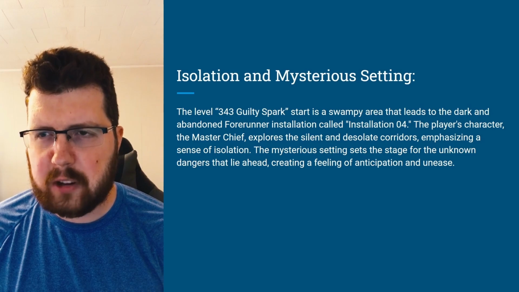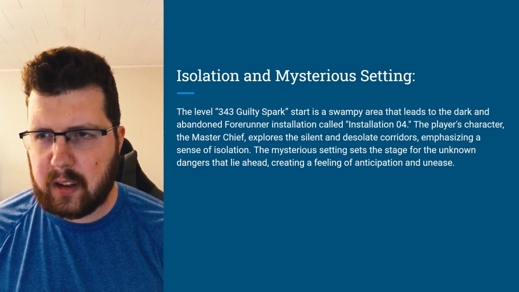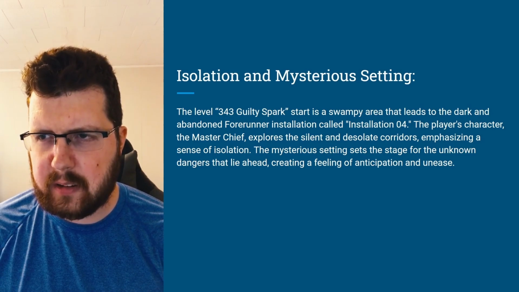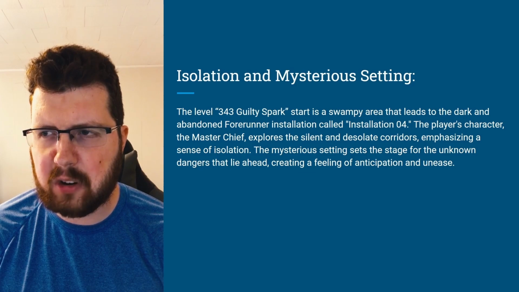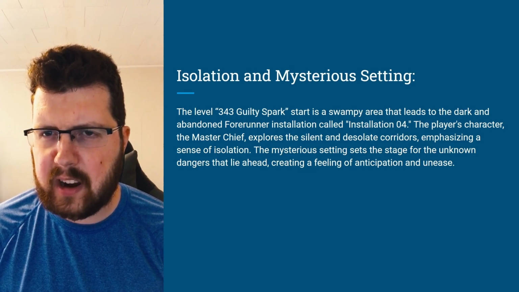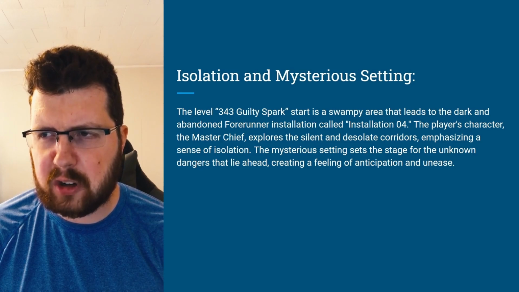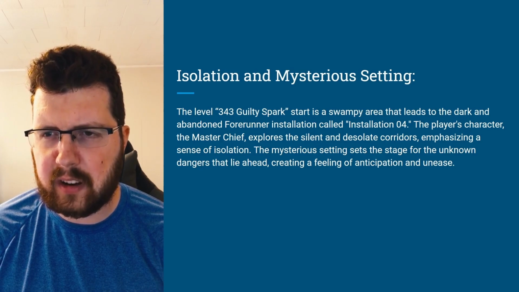The level 343 Guilty Spark starts in a swampy area that leads to the dark and abandoned Forerunner installation called Installation 04. The player's character, the Master Chief, explores the silent and desolate corridors, emphasizing a sense of isolation.